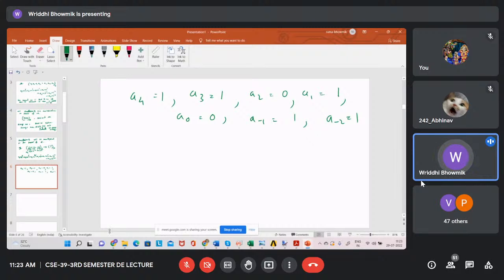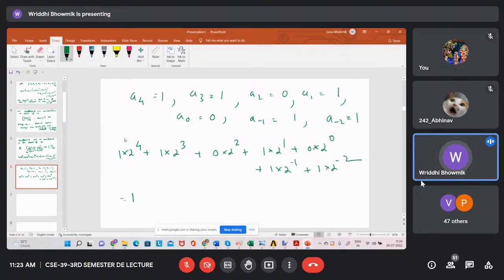So what will be the equation then? 1 into 2 to the power 4 plus 1 into 2 cube plus 0 into 2 square plus 1 into 2 to the power 1 plus 0 into 2 to the power 0 plus 1 into 2 to the power minus 1 plus 1 into 2 to the power minus 2.